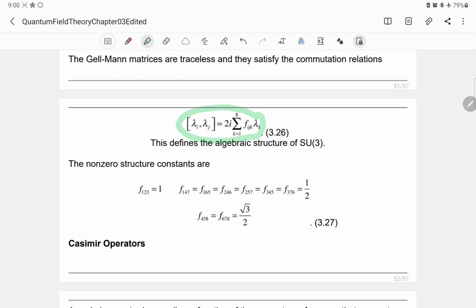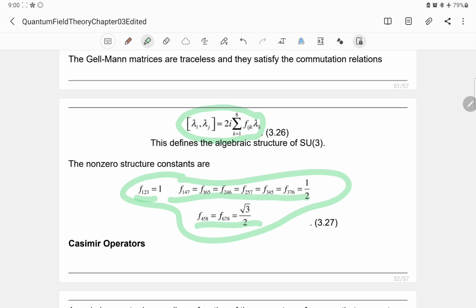And your Fijk is just given by these constants. So in this case, if you repeat the indices, that will just give you 0. So all others except these are 0.